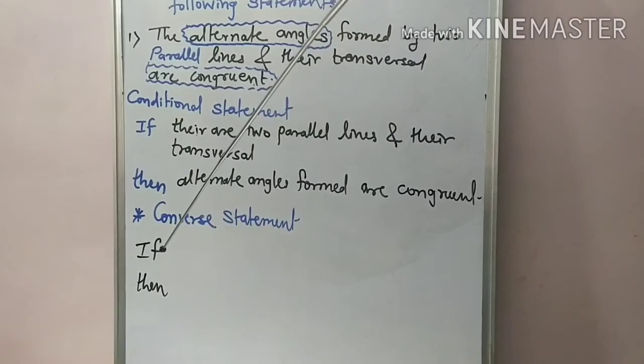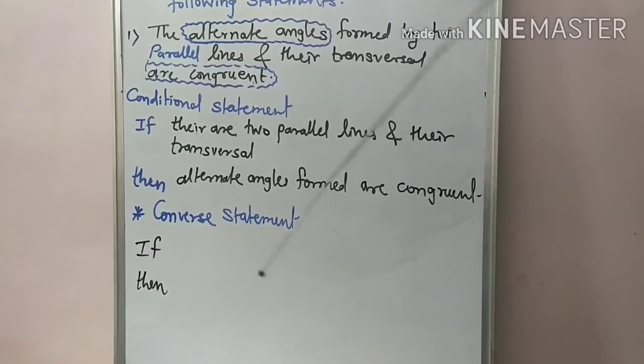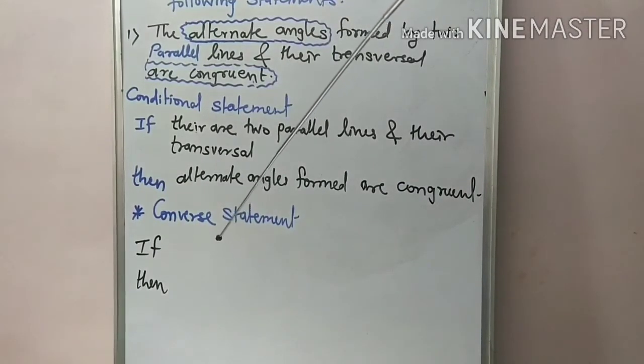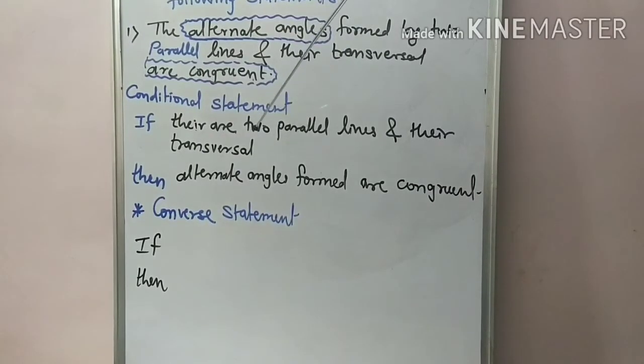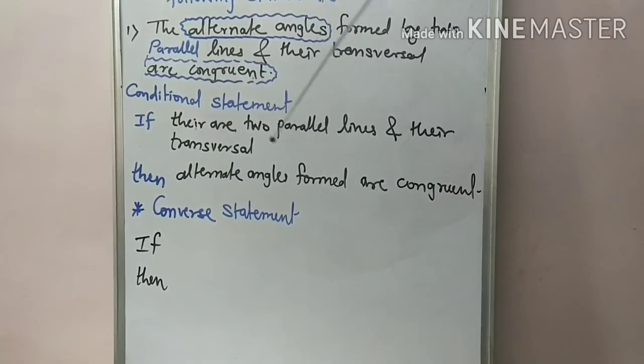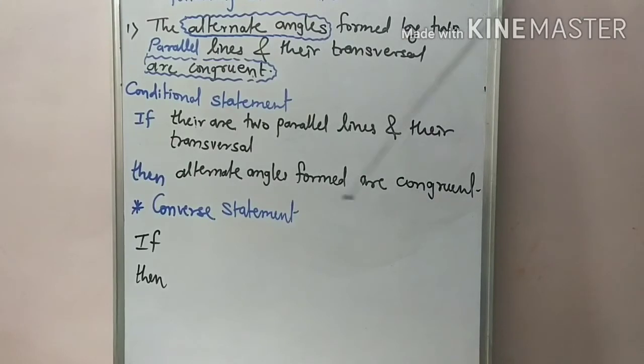So that statement now becomes: if alternate angles formed by two lines and their transversal are congruent.